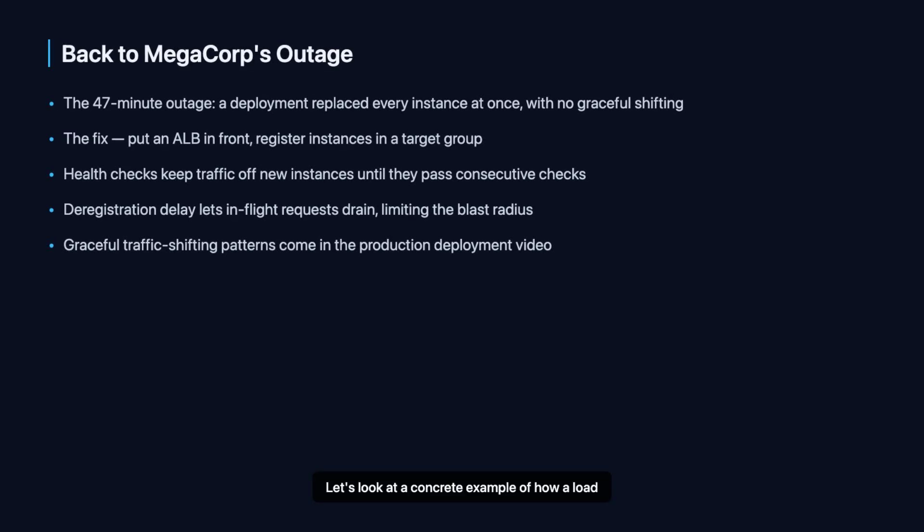Let's look at a concrete example of how a load balancer prevents deployment outages. A company suffers a 47-minute outage because a deployment replaced every instance at once, with no graceful traffic shifting. Here's the fix. Put an application load balancer in front and register the instances in a target group.